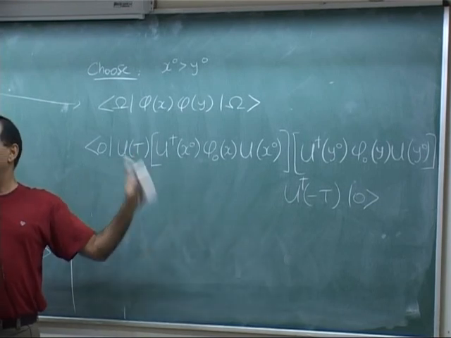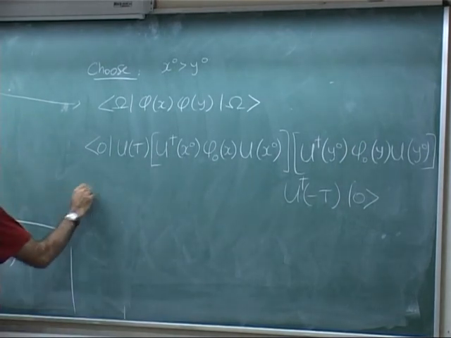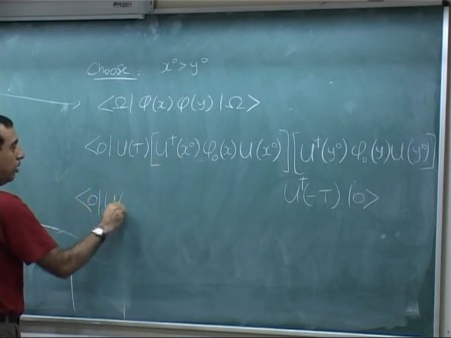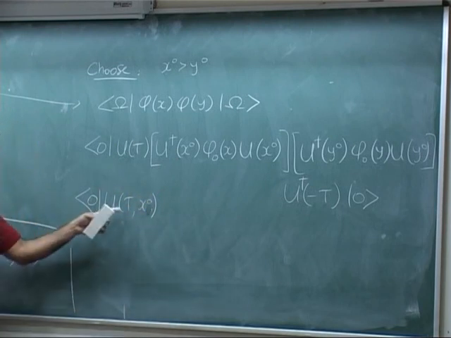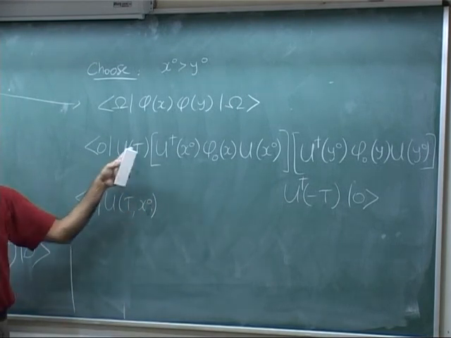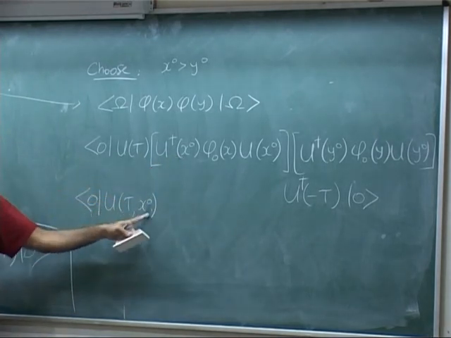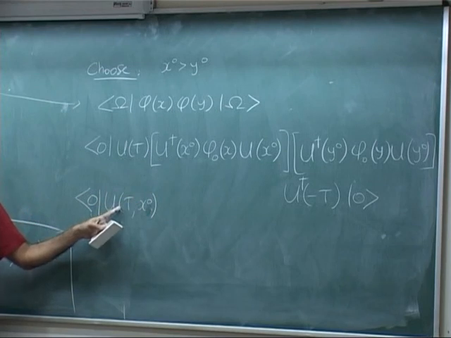So one more step which we've already done, and I'll put it in here, will tell us that it is correctly time ordered. The product of these two can be written as U of t and x naught. I showed you that identity, that product of U at a later time and U dagger at earlier time can be written as U of t and x naught, in which the integral is from x naught up to t.